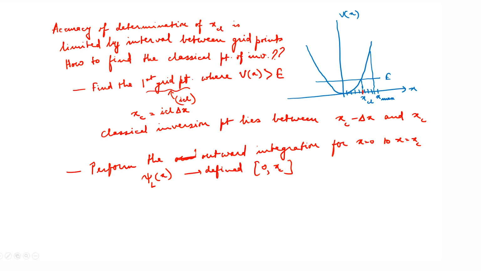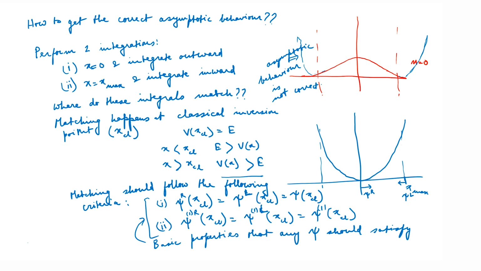Let me make sure the nomenclature is the same: it will be psi r, and this will be psi L. The outward is psi L, and the inward is psi r.